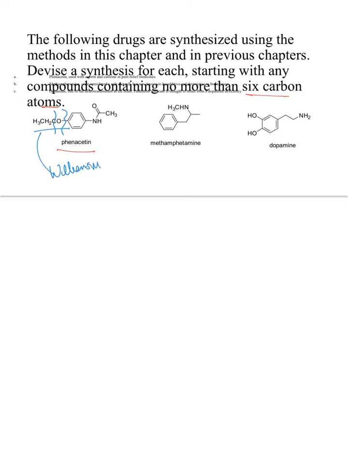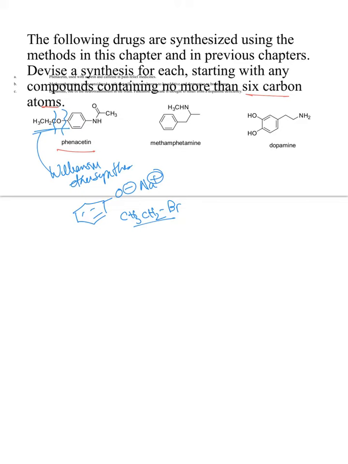Williamson ether synthesis is how you can do that. And basically the best way to do that would be through a phenoxide. And then you would react that with CH3CH2 bromide, so a primary alkyl halide with sodium ethoxide or some kind of alkoxide. That is your Williamson ether synthesis.